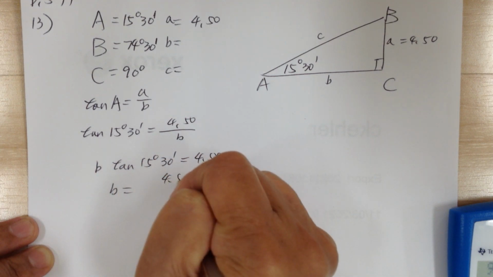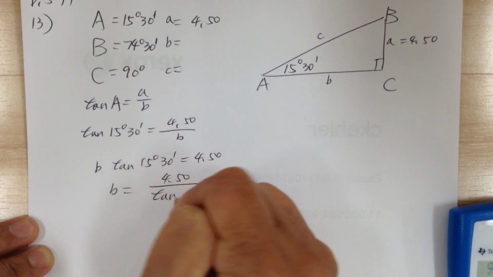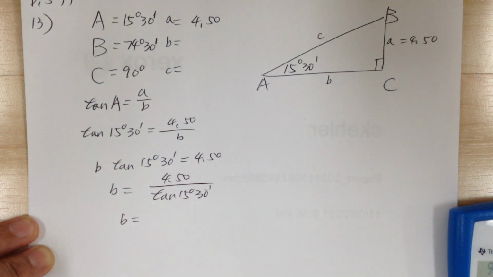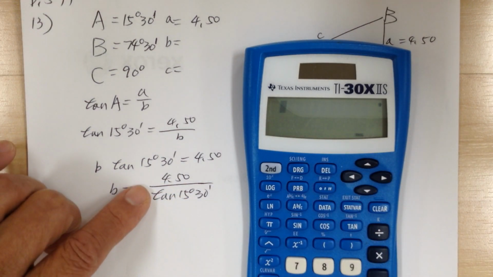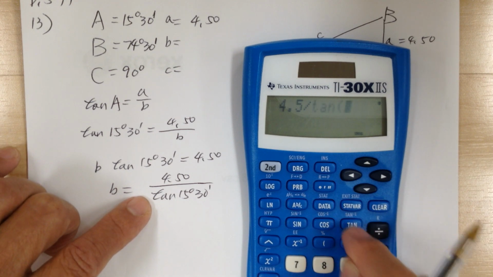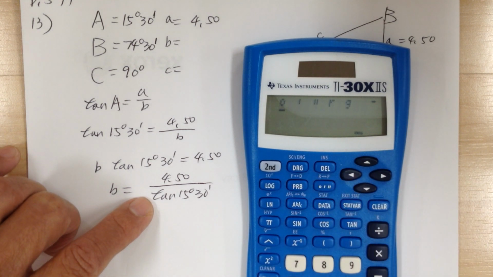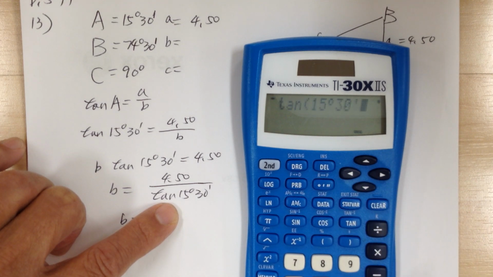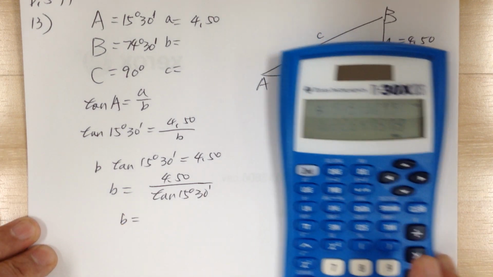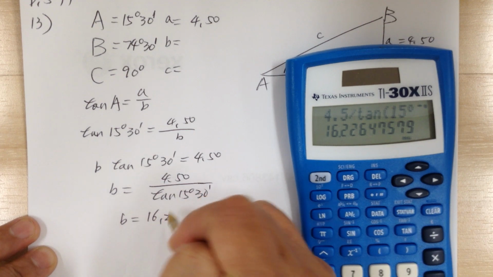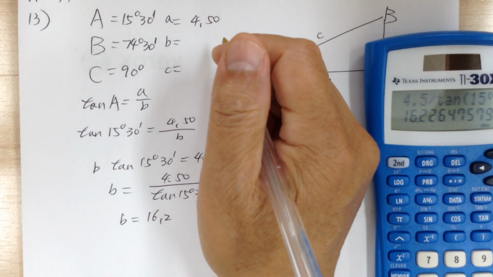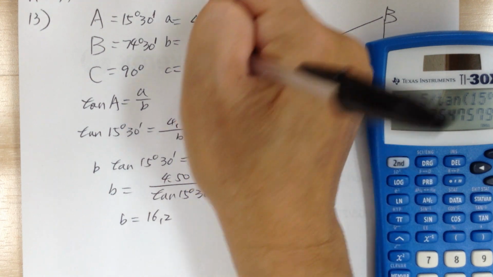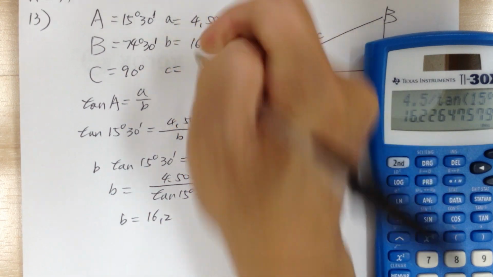So B equals 4.50 divided by tangent of 15 degrees and 30 minutes. Get your calculator. 4.5 divided by tangent of 15 degrees and 30 minutes. So it'll be 16.2. So B equals 16.2.